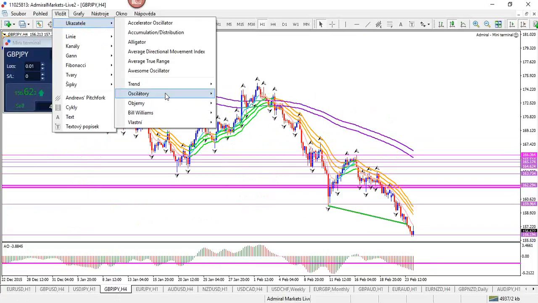Let's go with a lower number. I don't know. Let's try 10. Let's see. Well, let's take a look at the hourly.